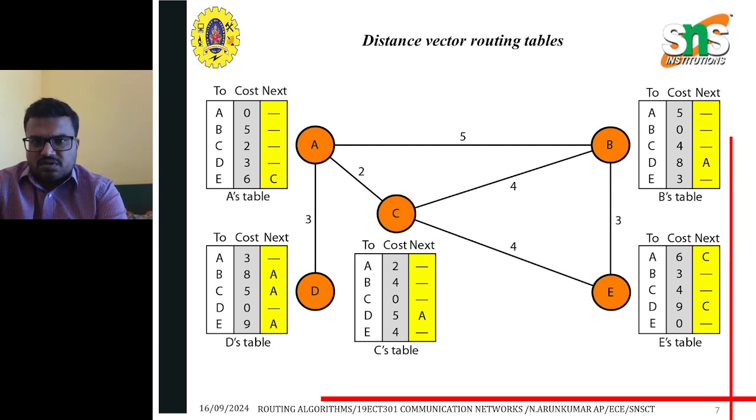Based on the cost factor only we need to decide, because while forwarding the data or information to the receiver side, we need to find the cost factor. The cost factor is the minimum to the next node, so I am taking C as the immediate neighbor to the E node. So I am taking C as the next node. Like that, all the values are formed in this table.